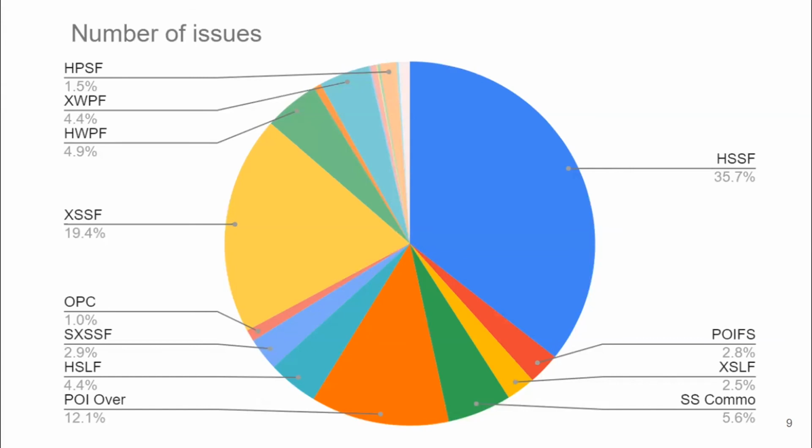There are more bugs for Excel, which constitutes 35.7% of bugs. In second place is XSSF, also a port for Excel, constituting almost 19%. Next slide, please.